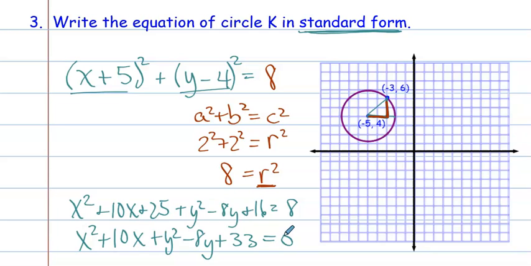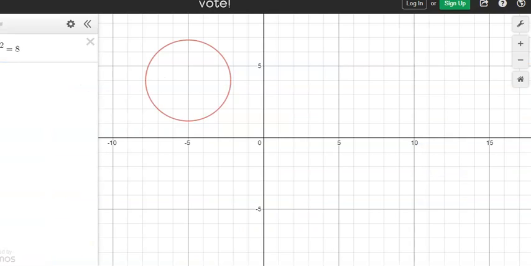What you can do is switch over to Desmos. You can't really see because over here on the left side you can just kind of see a little 2 equals 8. But I put the equation in, and it graphed me the circle, and you can see it had its center of -5, 4.